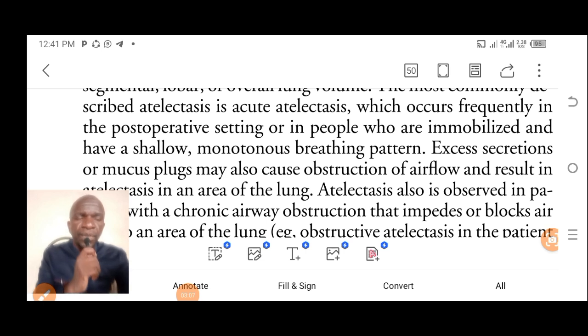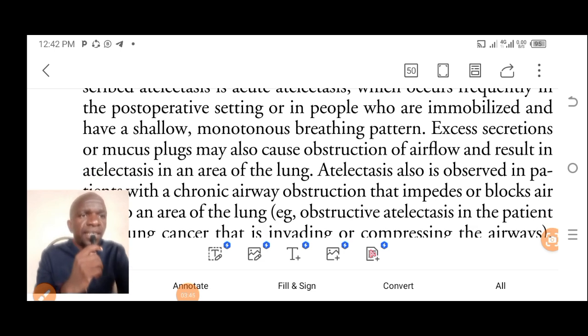They are just sleeping on a bed for a prolonged time and no one exercises their lungs with breathing exercises. So it may happen post-operatively, after surgery, because someone is not exercising their lungs enough.